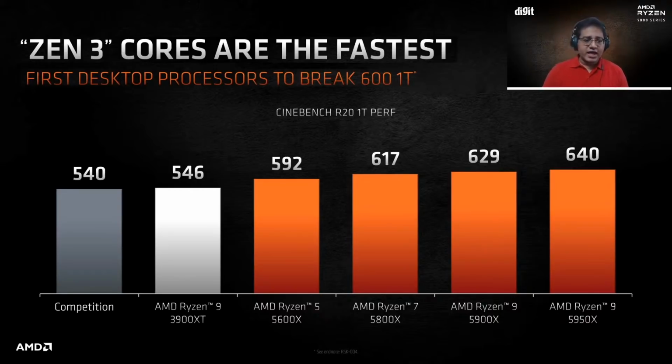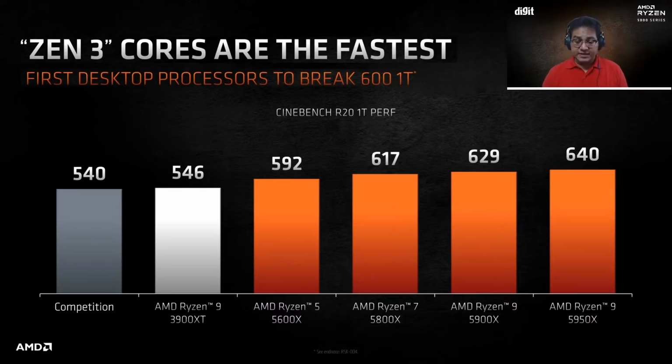Now, moving on, we have Cinebench again, which is the benchmark that we were talking about. And one aspect that we'd like to point out is that up until Zen 3, we never saw CPUs cross 600 points in Cinebench R20 while running under stock conditions, not overclocked. This is the first time that any processor has crossed the 600 point barrier.